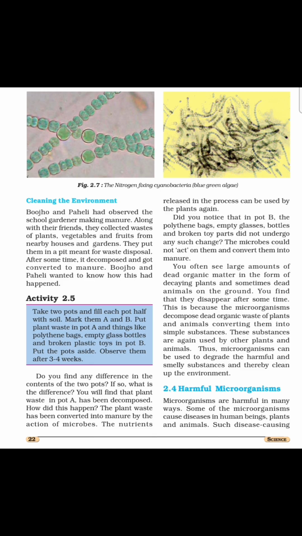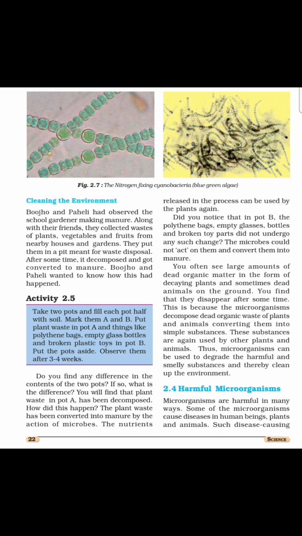After 3 to 4 weeks, you will notice a distinct difference: the plant waste in pot A will have significantly decomposed, likely appearing dark, crumbly, and reduced in volume, resembling manure. The items in pot B will remain largely unchanged.